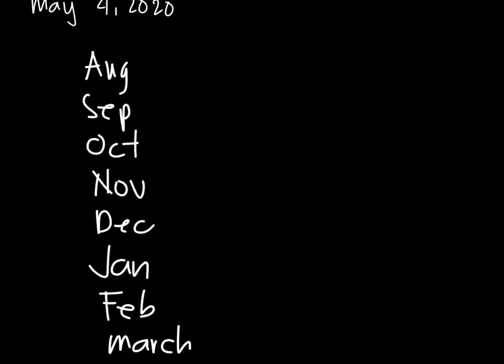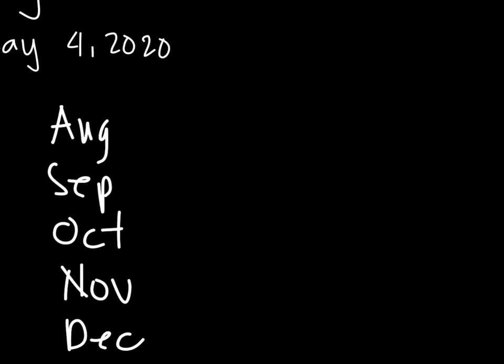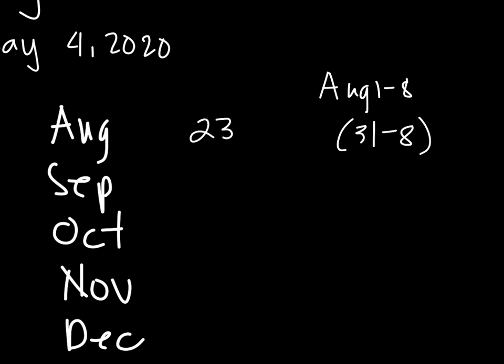August has 31 days, so we have to remove August 1 to 8 from the 31 days. So we have a total of 23 remaining days for August, 31 minus 8. Why 31? Because this is actual time.